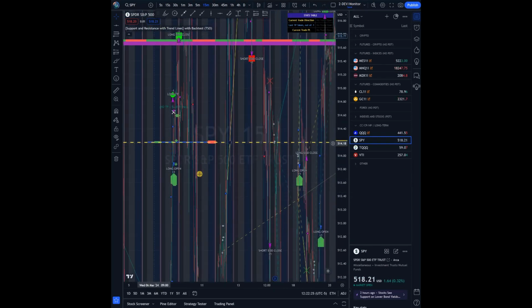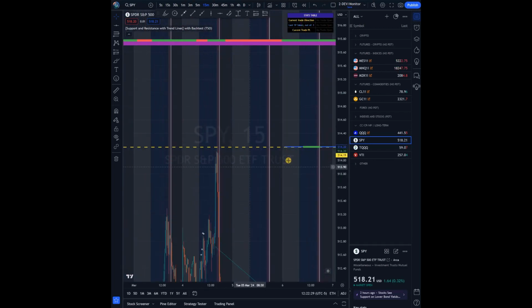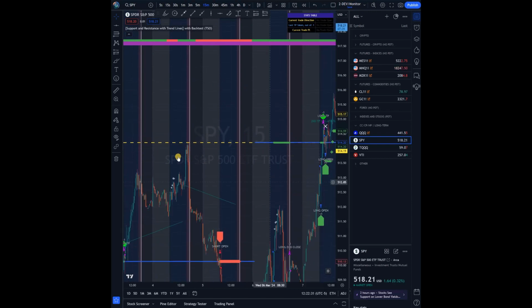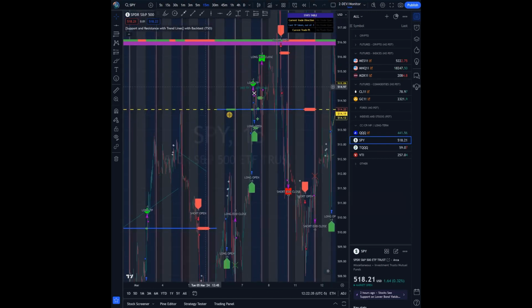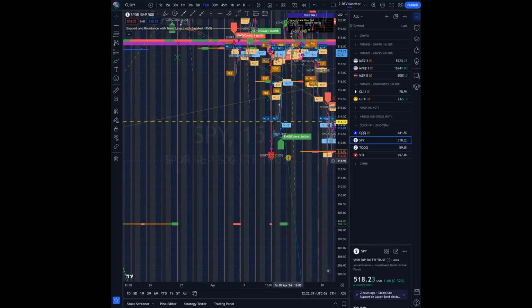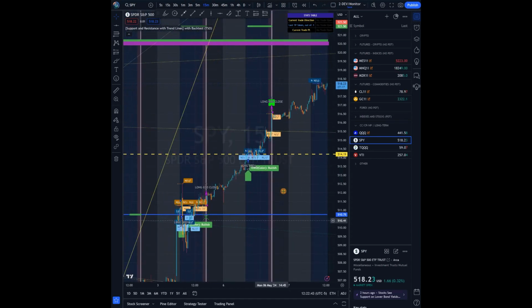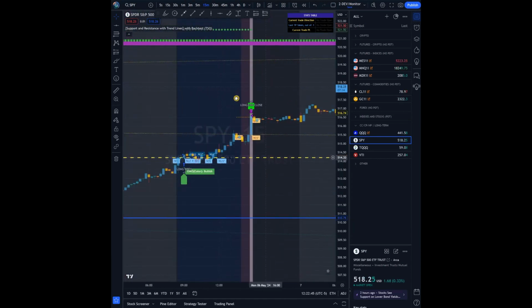This is the actual level, and it comes from here. You can see this is a pretty strong level, and of course it's customizable how strong or precise levels for both support resistance and trend lines are.